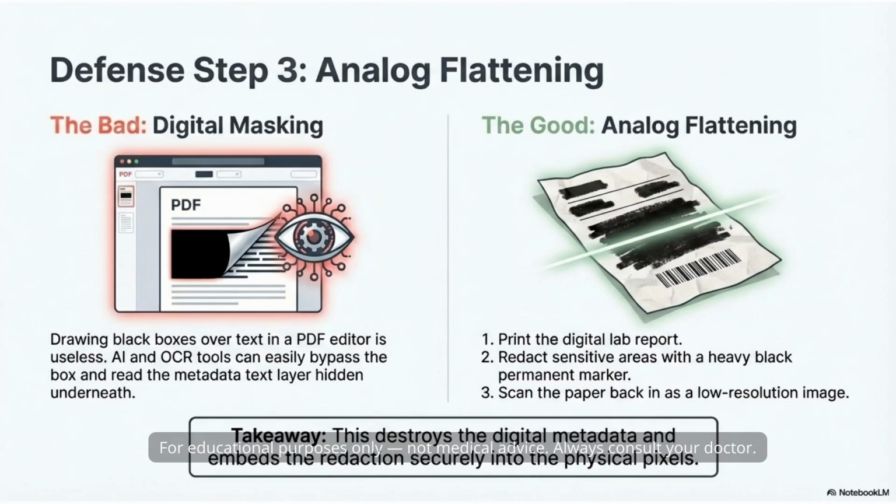What you need to do, we call it to flatten it, meaning that it's like taking a picture, redacting with a black pen, and then printing it, redacting it, and then taking a picture again. This actually is the right way to redact some personal information.